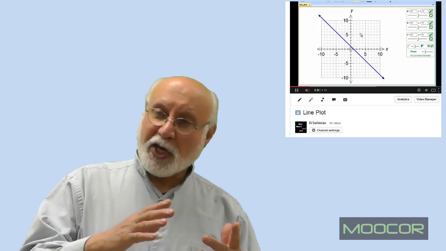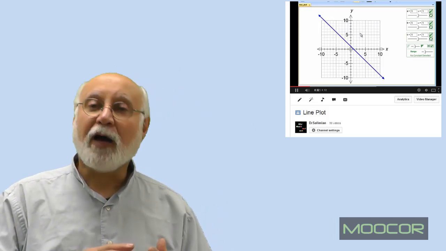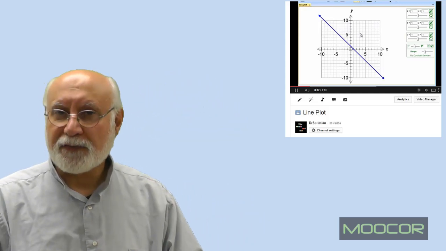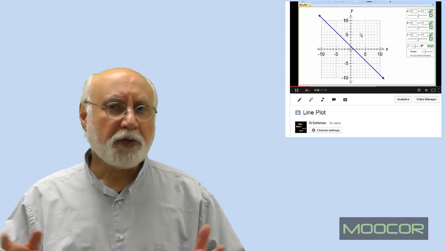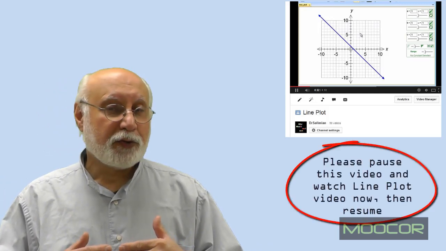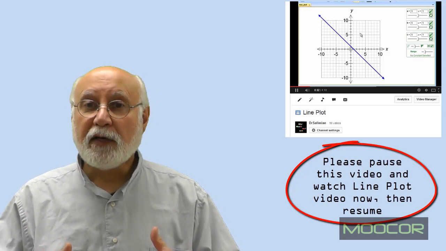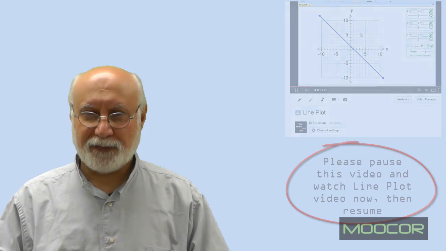When I change the coefficient of x2, how does the line change? And as I change the right-hand side value, how would the line change?